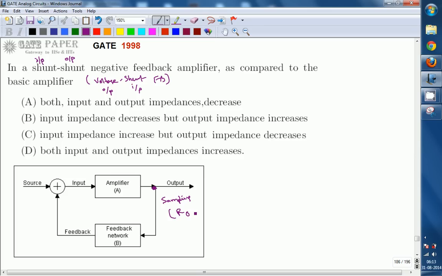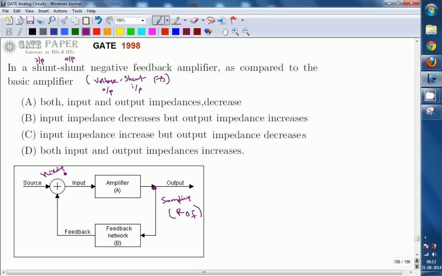After taking the sampling, it becomes R0F, that is, output impedance with feedback. At the input side, the feedback signal mixes with the source signal such that the effective input signal gets reduced. So this is treated as the mixing network.